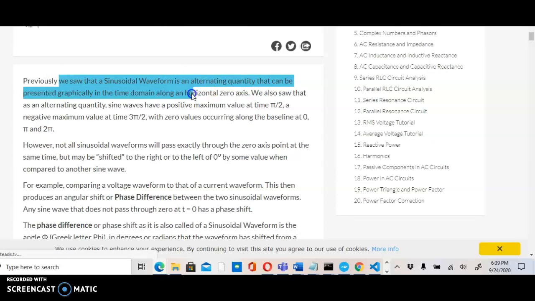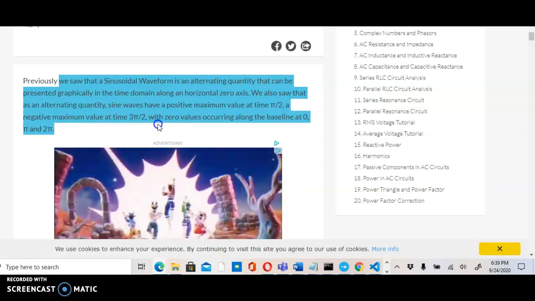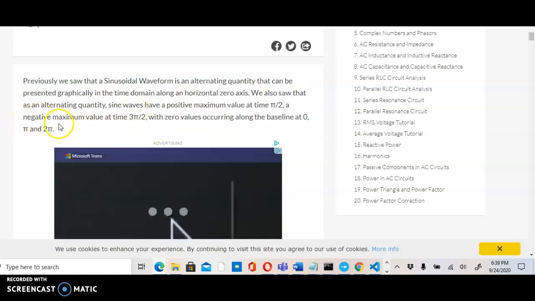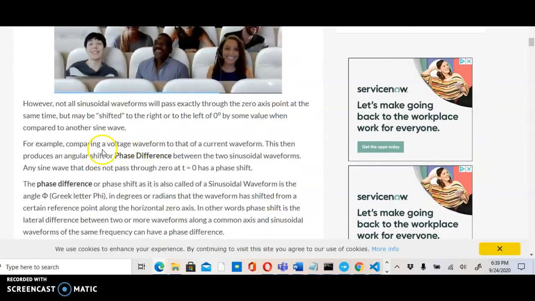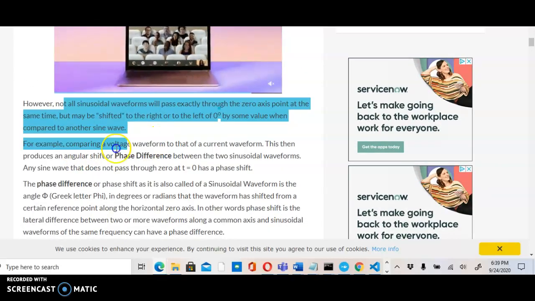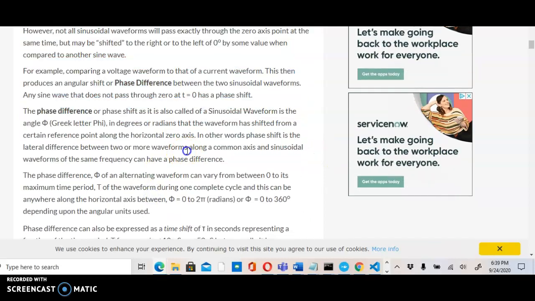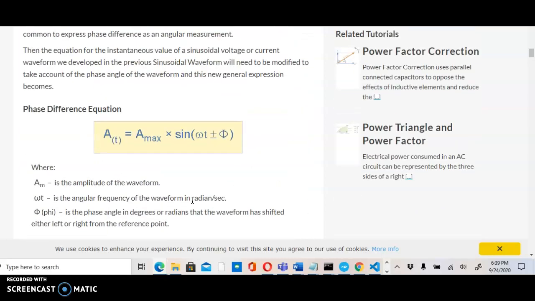Sinusoidal waves is an alternating quantity that can be presented. We see pi over 2, 3 pi over 2, pi and 2 pi. Phase differences going on over here, 2 pi radians.